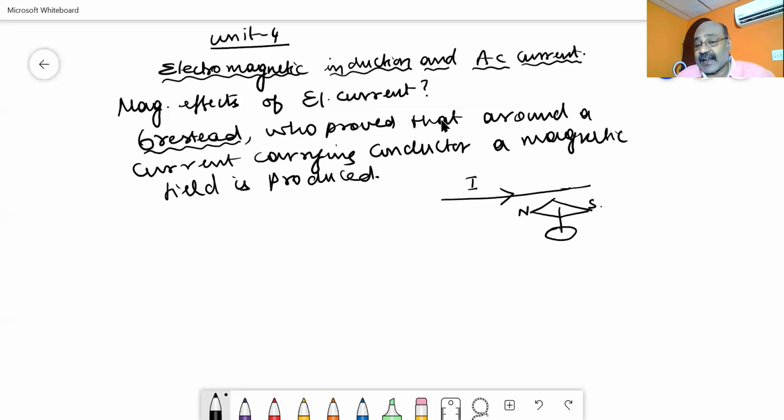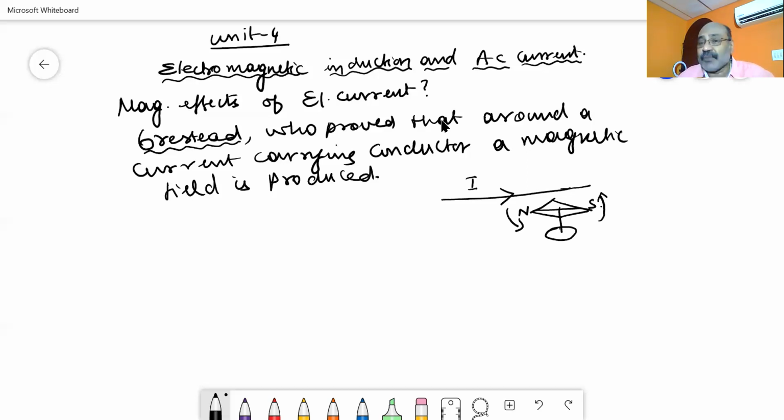Before the current is passed through, the magnetic needle never gets deflected. But when the current is allowed to pass through, he found that the magnetic needle gets deflected.